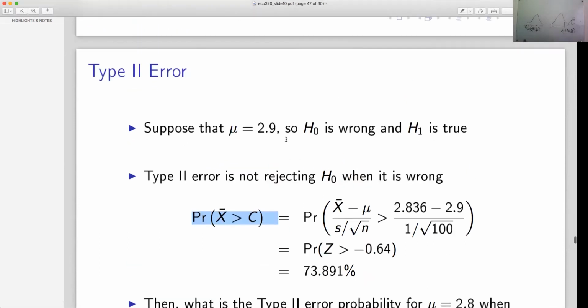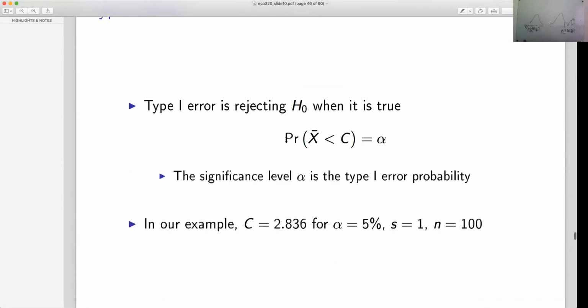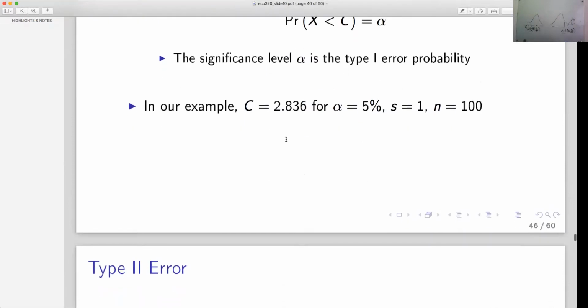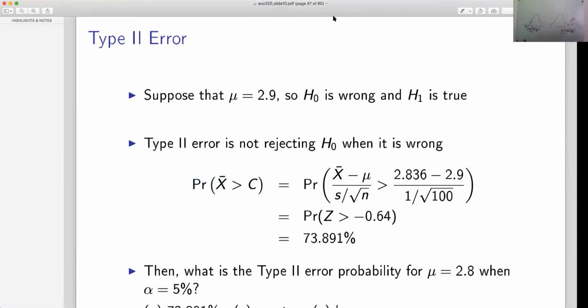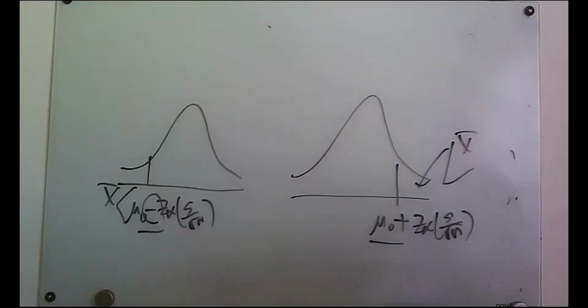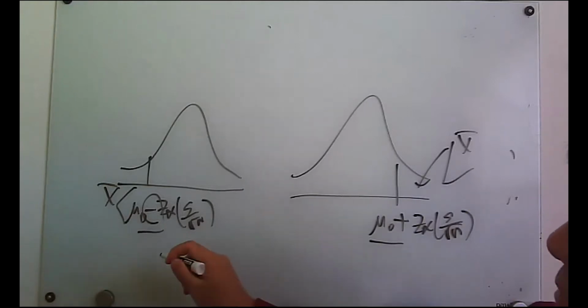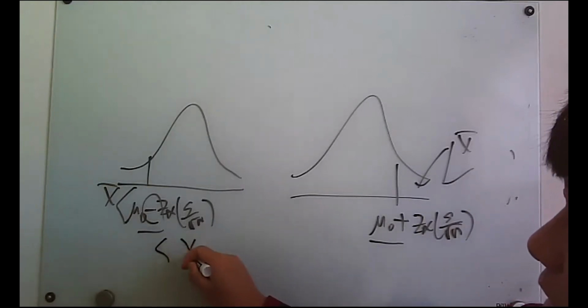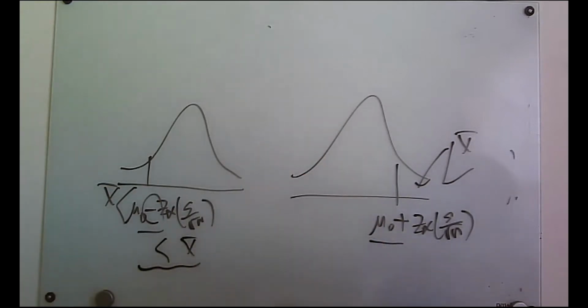We are talking about lower tail problems here. Previously we reject if X bar is less than that, but do not reject if X bar is greater than this. So this is the probability of not rejecting the null hypothesis.